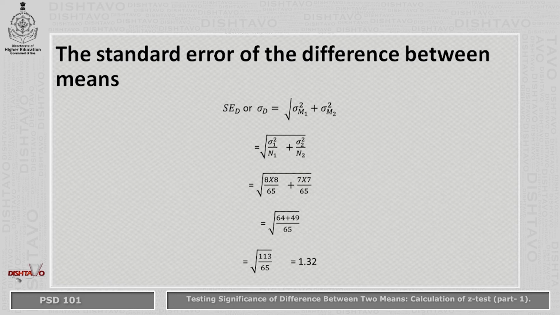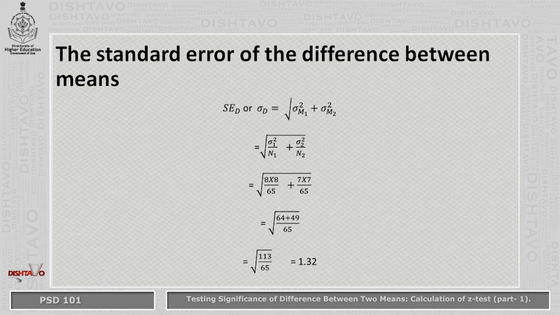Then it is reduced again with the values. The standard deviation of group 1 is 8, raised to square, which means 8 by 8 upon 65, N1 is sample size, that is 65, plus 7 into 7 upon 65. So 8 into 8 gives you 64 plus 49 upon 65.